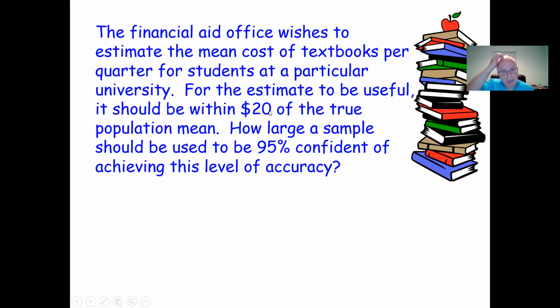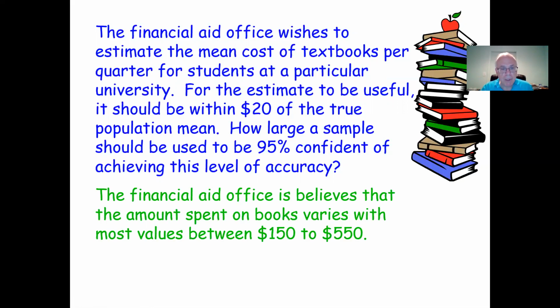Now, unfortunately, there's nothing in this problem that gives you an estimate for the population standard deviation. That's a problem. So what are you going to do? If you read through chapter 9 of your textbook, you will find they came up with their own little procedure for estimating sigma.